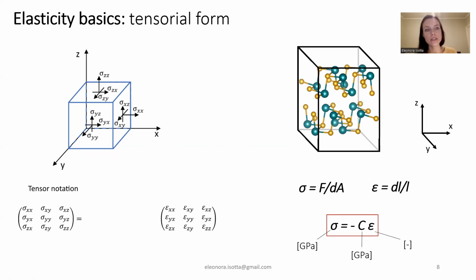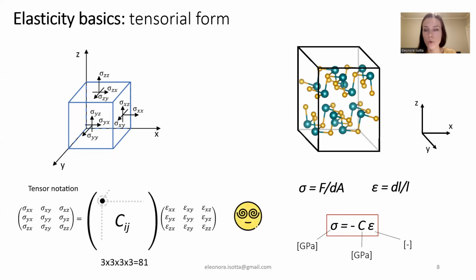So actually, the stress state is represented by a tensor notation. And the same applies for strain. So stress and strain are both second-rank tensors. So if we think about a relationship between two second-rank tensors, this C here, that is our elasticity tensor, if you think about it, needs to be a fourth-rank tensor.